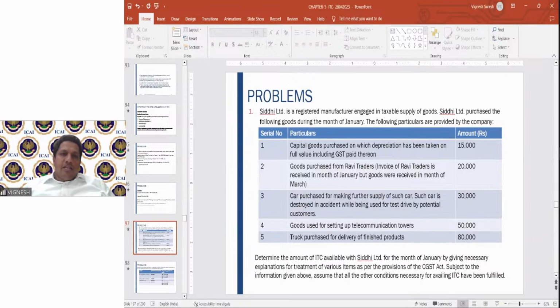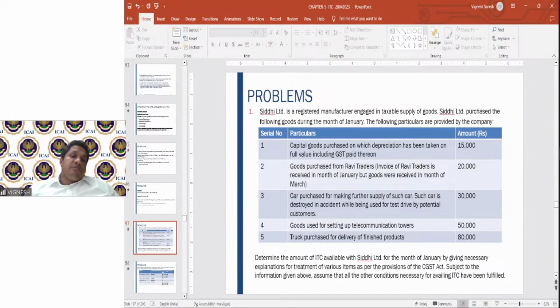Okay, so car is purchased for making further supply of such car. Technically speaking, 17 subsection 5 says that purchase of the car, you cannot claim as the input tax credit. But one of the exceptions is that if the motor cars are used for further supply, then it is an exception to the block credit and you can claim the input tax. But here what is happening? That car is destroyed in the accident.